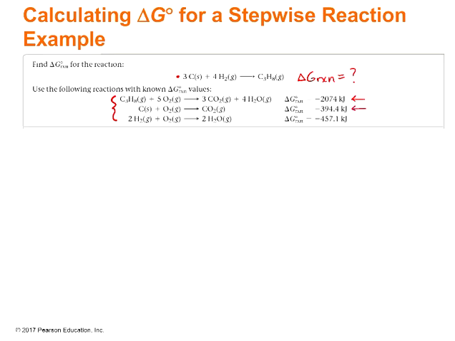That has a known delta G value. And then we can also use the combination reaction between hydrogen and oxygen to form water, which has a known delta G value. So using these 3 different reactions, we can manipulate them in order to get the original reaction that we're interested in. All right, so let's rewrite each of these a little bit larger.